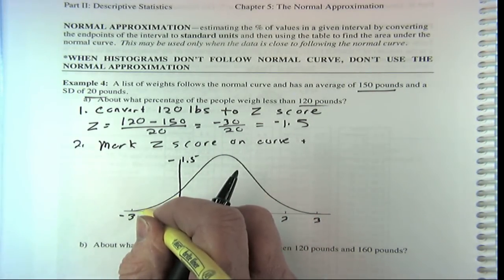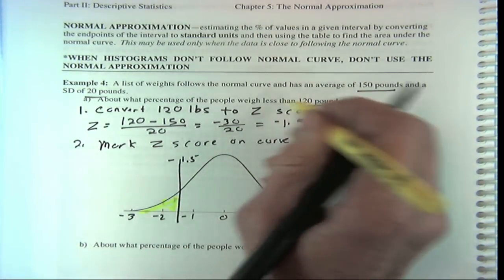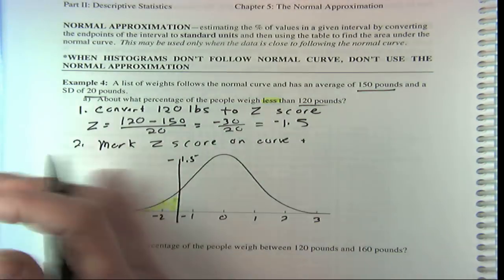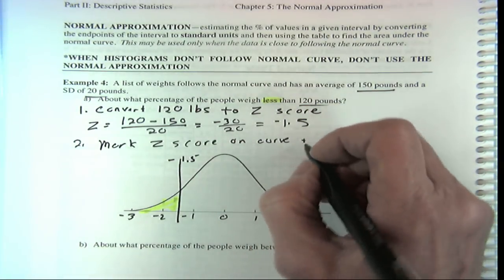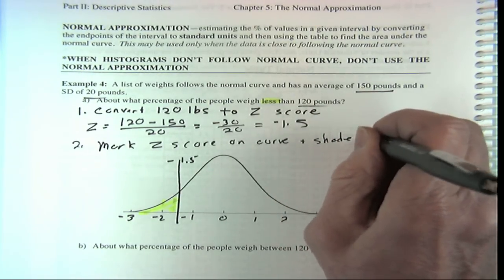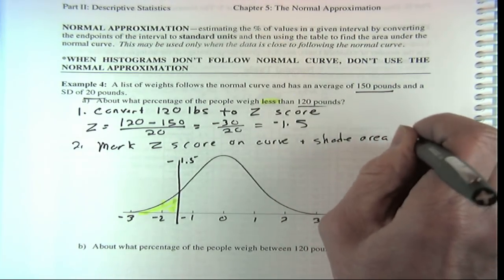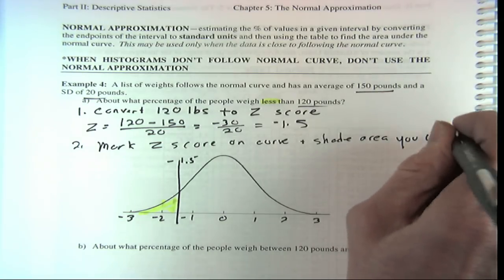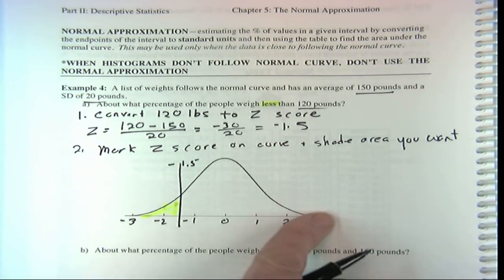Why am I shading this? Because it's less. So it's to the left. Mark the z-score on the curve and shade the area that you want to find. If it was more, I'd want that area.